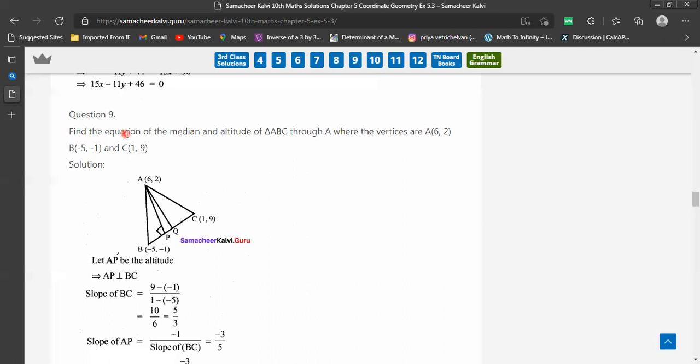Question number 9. Find the equation of the median and altitude of a triangle ABC through capital A, where the vertices are A(6, 2), B(-5, -1), C(1, 9). So mark these 3 points and draw a triangle. They're asking us to find the equation of the median and altitude of triangle ABC.